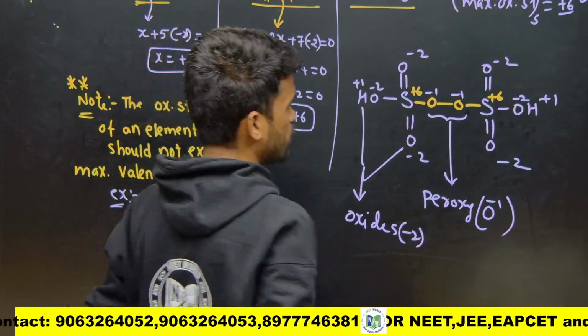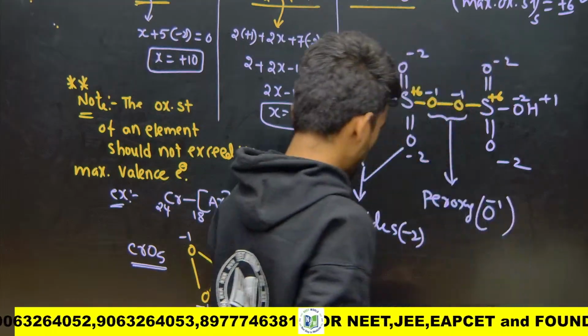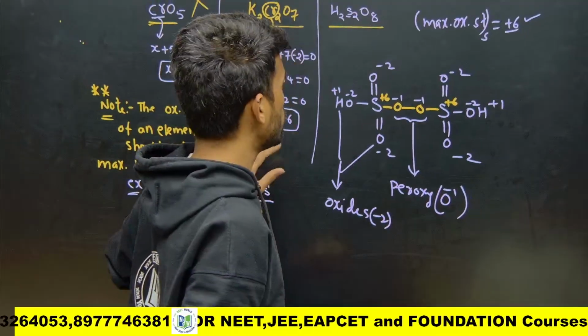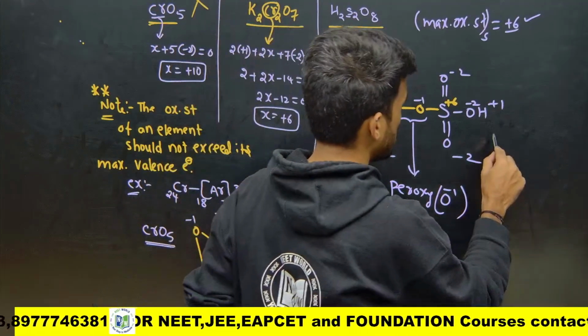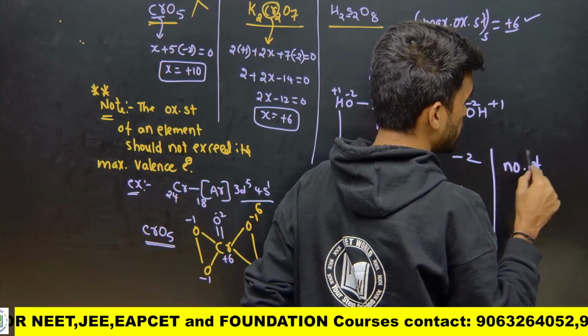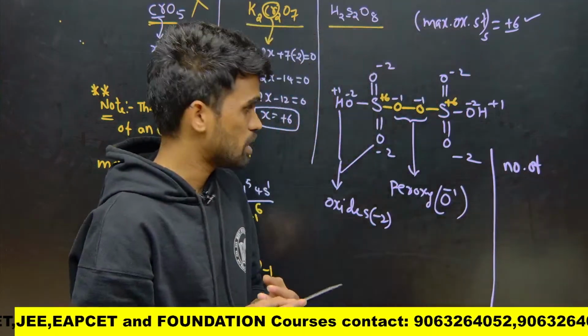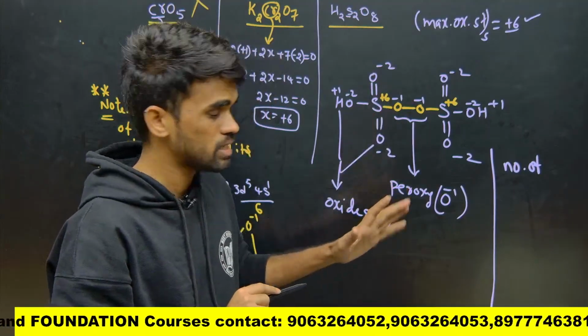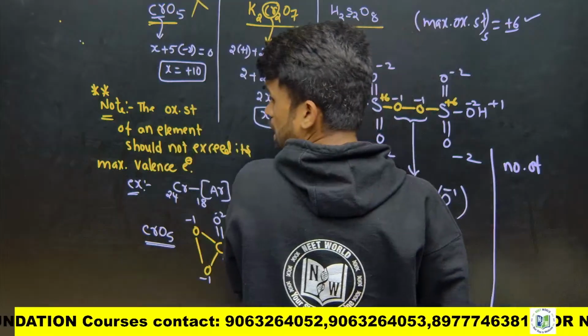Here I will give you one trick also, just to find the number of peroxy linkages possible. Always remember, this is just a trick, it may not be applicable in all cases. Sometimes you can get a wrong answer also, and purely you need to know the structure. But let us take this formula also.